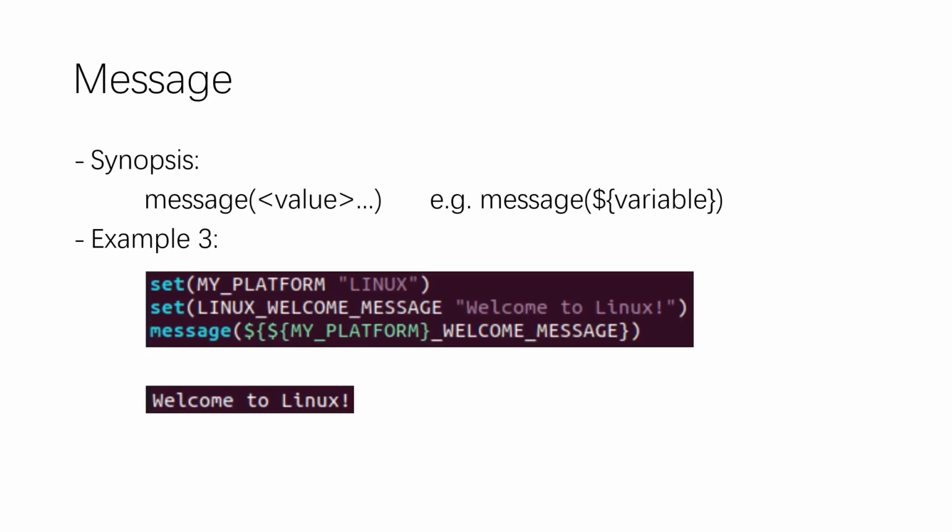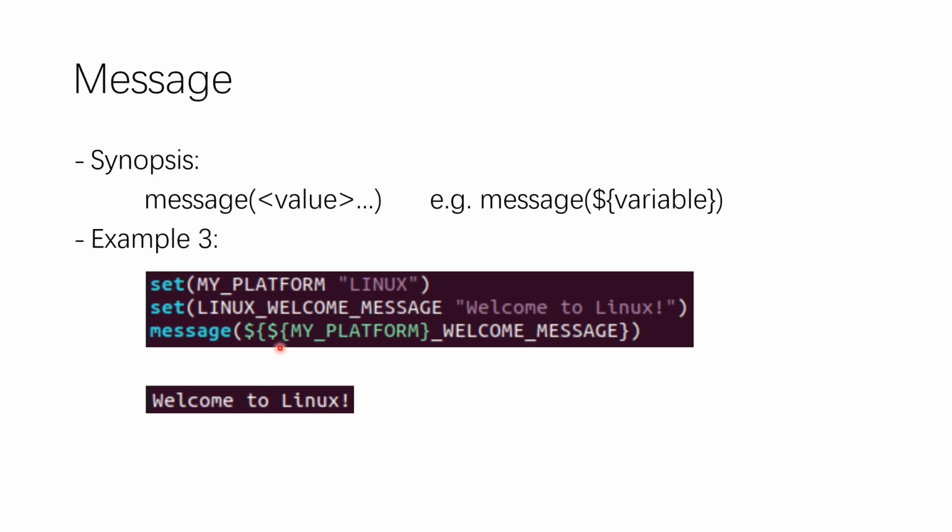Now let's see another example. We set a variable myPlatform to be Linux, and another variable Linux_welcome_message to be welcome to Linux. Notice that the Linux here is the same as the Linux here, so we can replace this Linux with this variable.